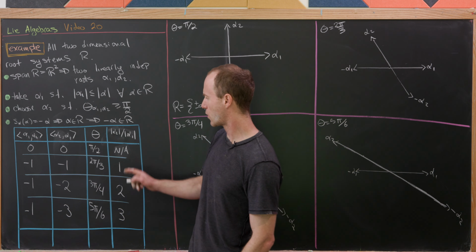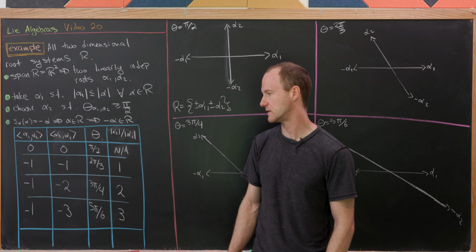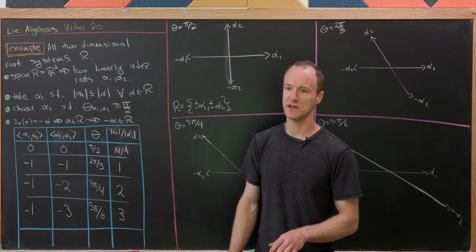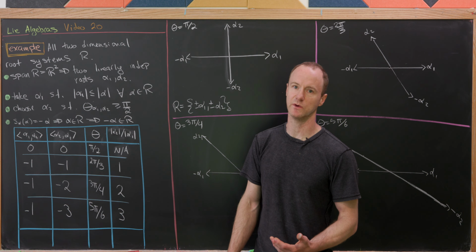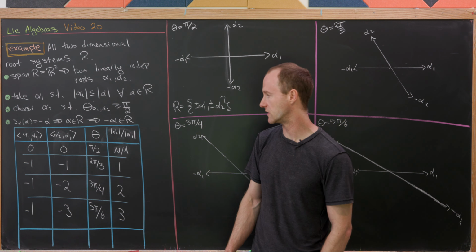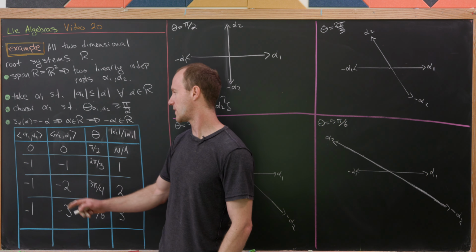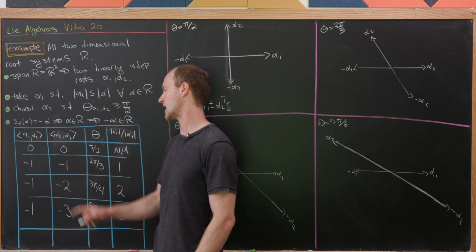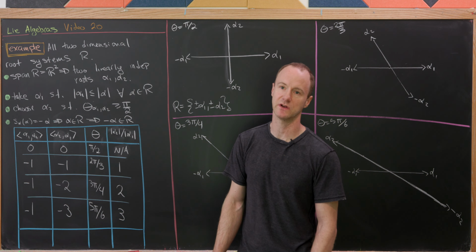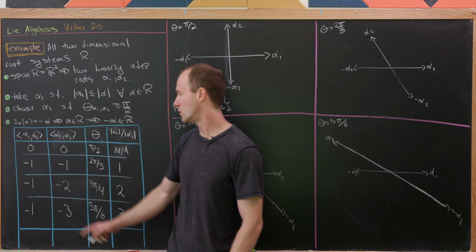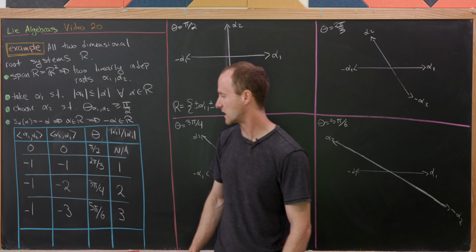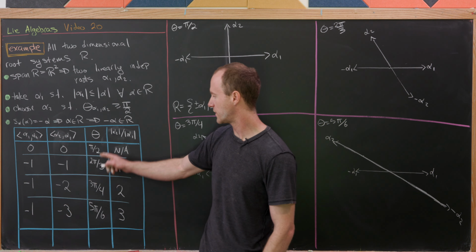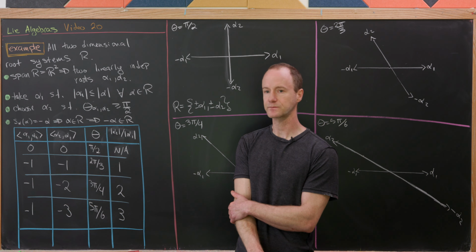And then here's a portion of that chart that we built last time, just based off of this assumption that we've got an angle bigger than 90 degrees here. So notice our possibilities are both angle bracket alpha 1 with alpha 2 and alpha 2 with alpha 1 being 0. We could have -1, -1, -1, -2, -1, -3 with these corresponding angles.